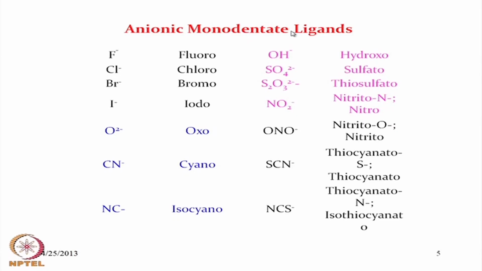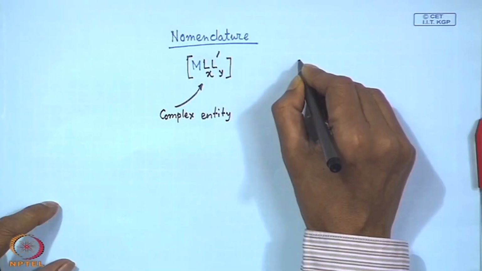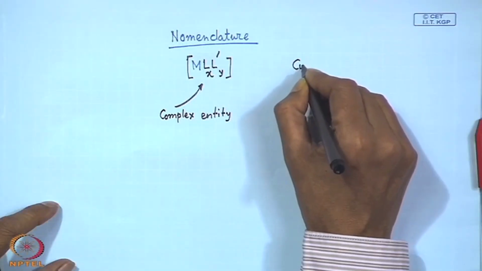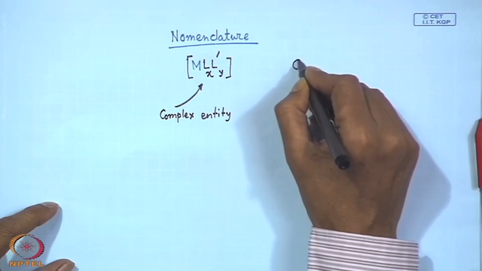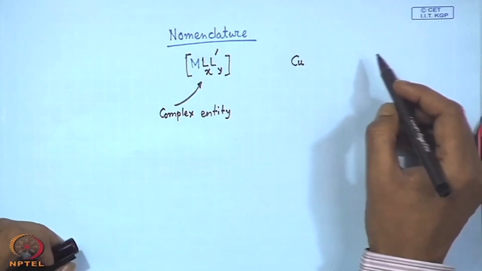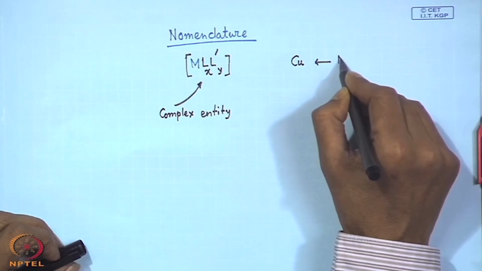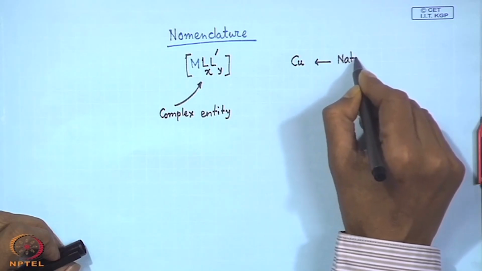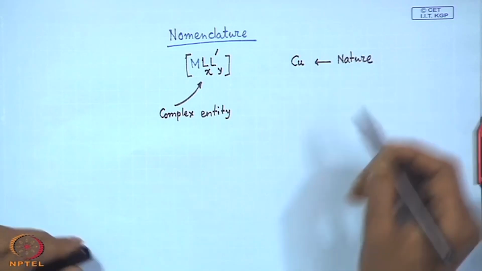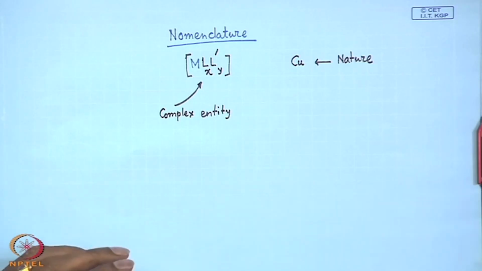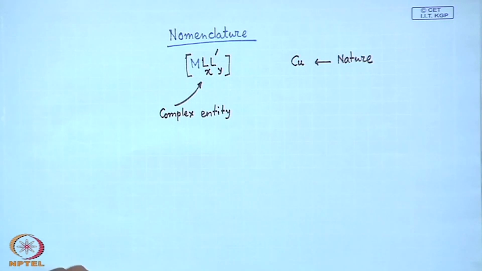monodentate ligand. The most important and the most common ligand system is the monodentate ligand, which we see that copper what is available in our nature. So, how nature is giving us the copper, nature is not giving us copper as the copper metal. So, we do not go for mining to get the corresponding copper in the nature.